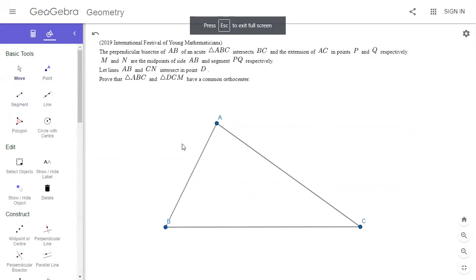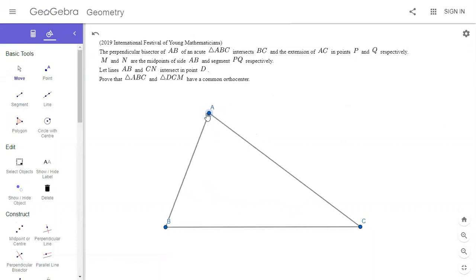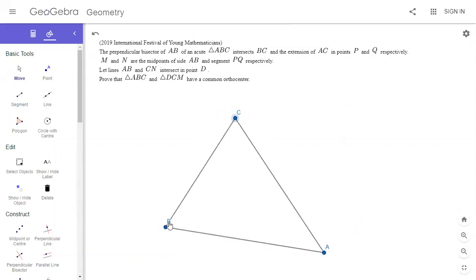So we have the perpendicular bisector of AB intersects BC and the extension of AC. So let's do it like this.